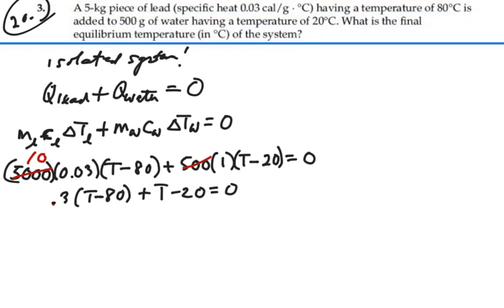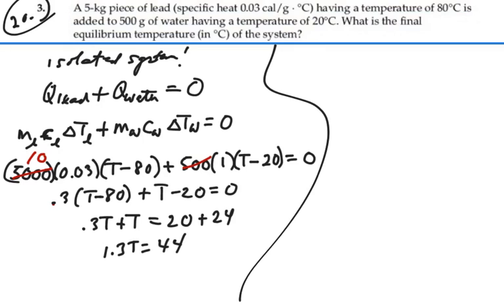So I have a 0.3 T plus T is equal to 20 plus 0.3 times 80, 24. So 1.3 T equals 44, or T is equal to 44 divided by 1.3.